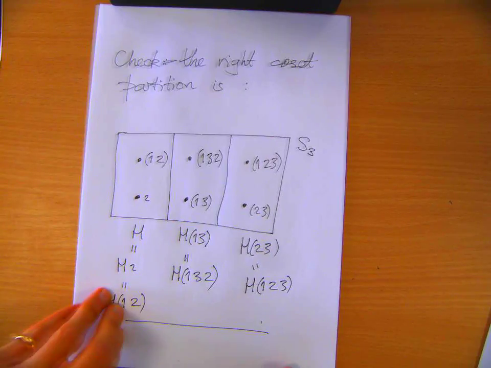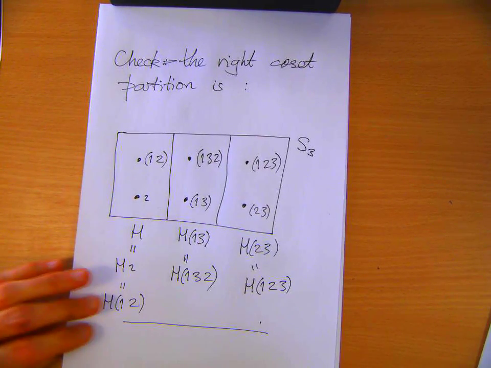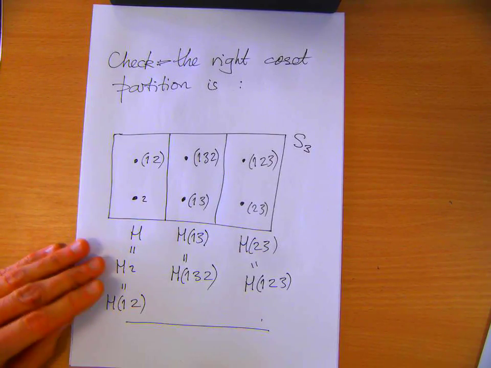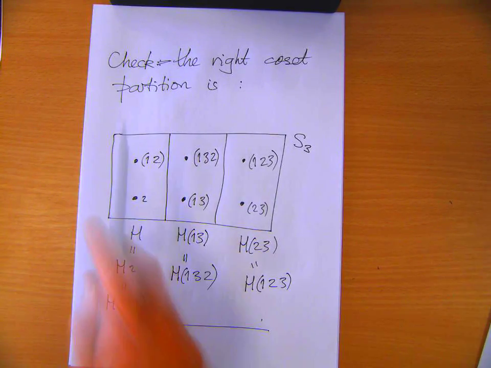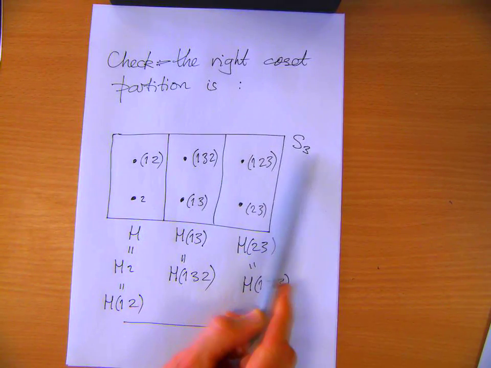Okay, well that was an example of a coset decomposition. Now on the worksheet for this week, and in fact one or two questions for last week as well, you're asked to look at some coset partitions. So there was an example. Notice S3 is non-abelian.